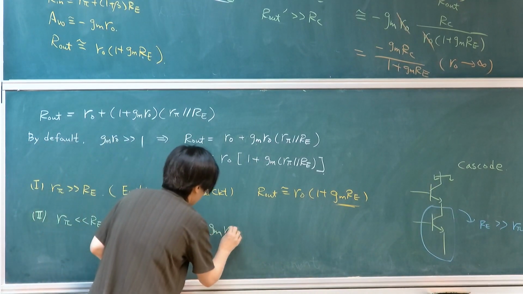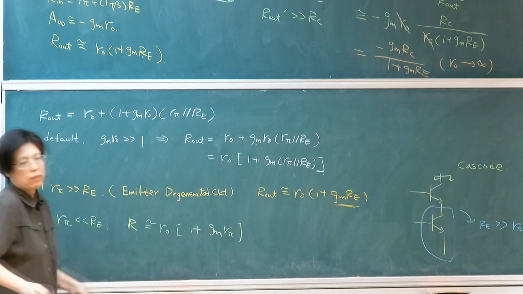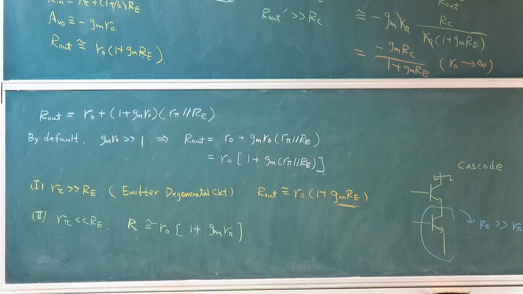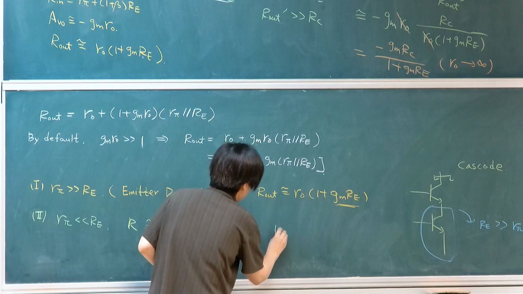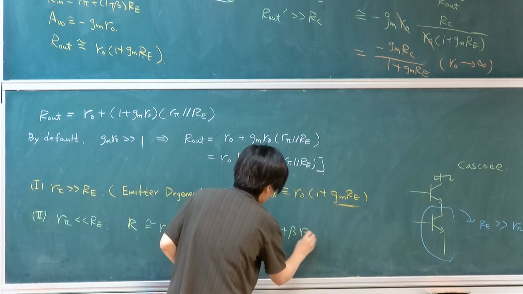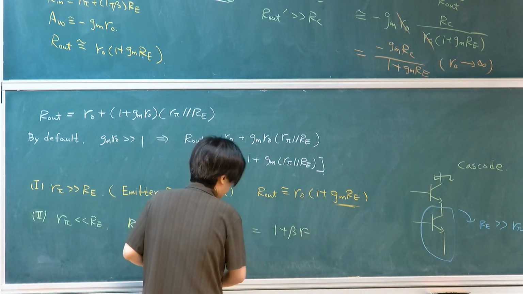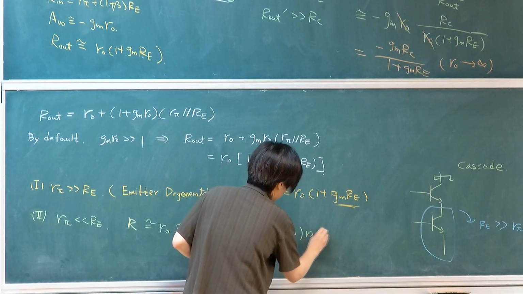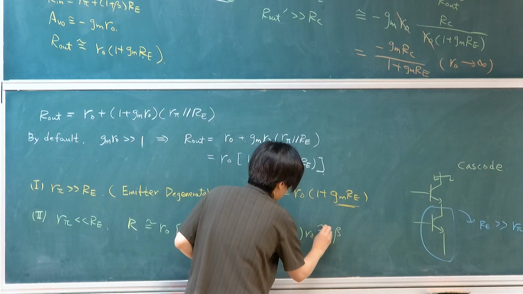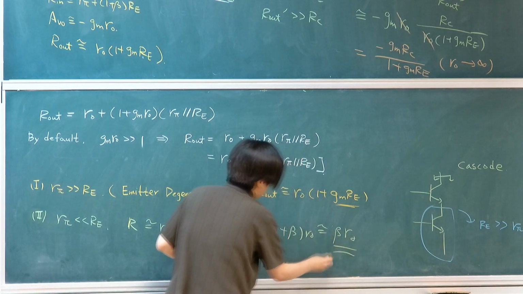So what's GM R pi? Beta, correct. So the 1 plus beta. Simply beta RO will be sufficient.